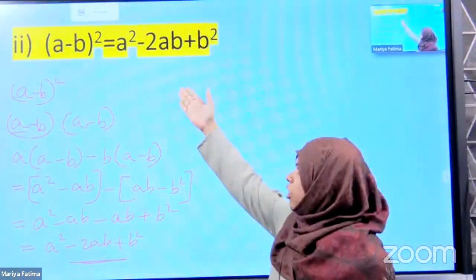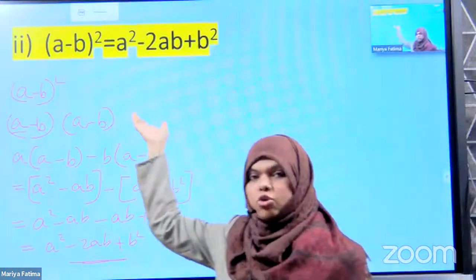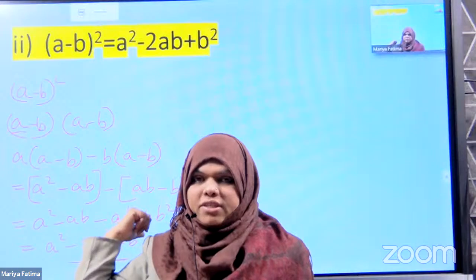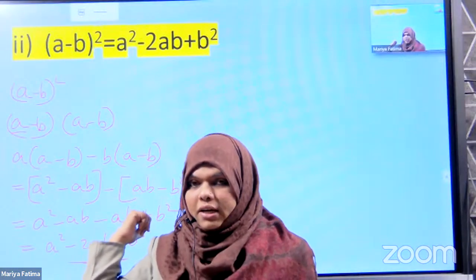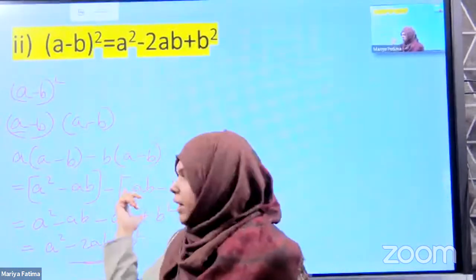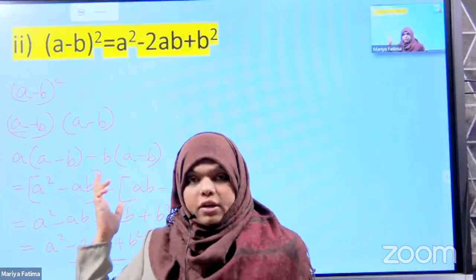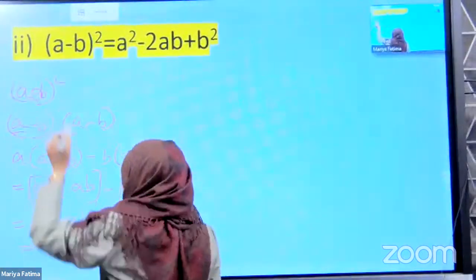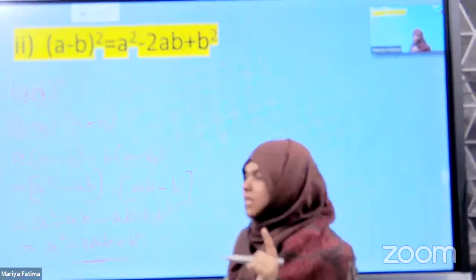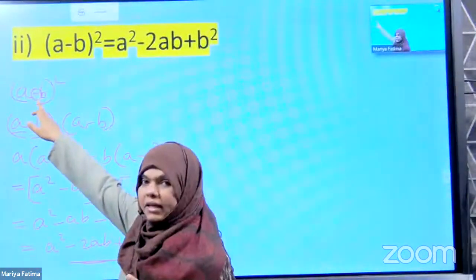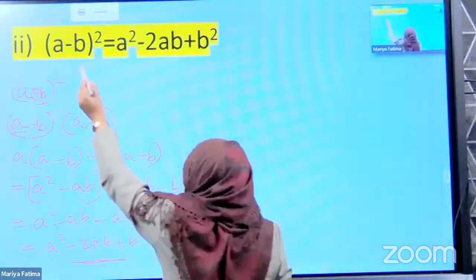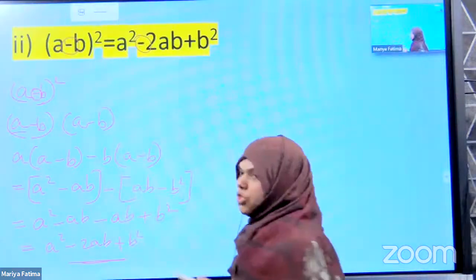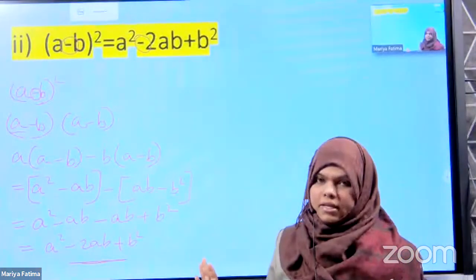So you can use this identity also while you are solving the questions. In the previous question, we have seen which type of questions are coming. In the previous identity, the sign was plus, but in this identity, this sign is minus. If this sign is minus, then here minus will come and all the rest of the things will be as it is.